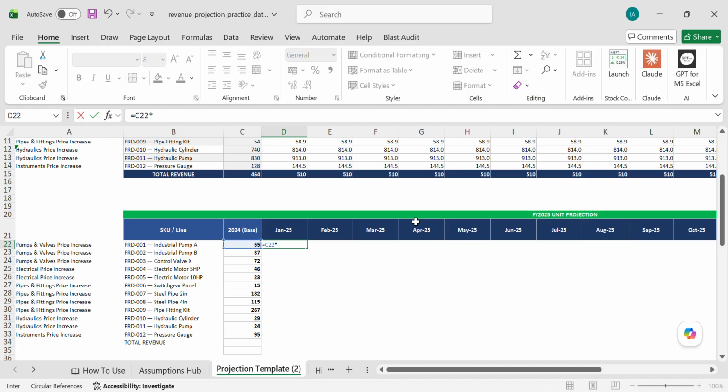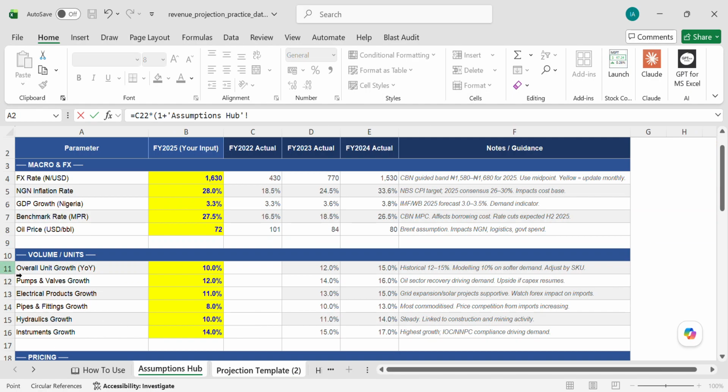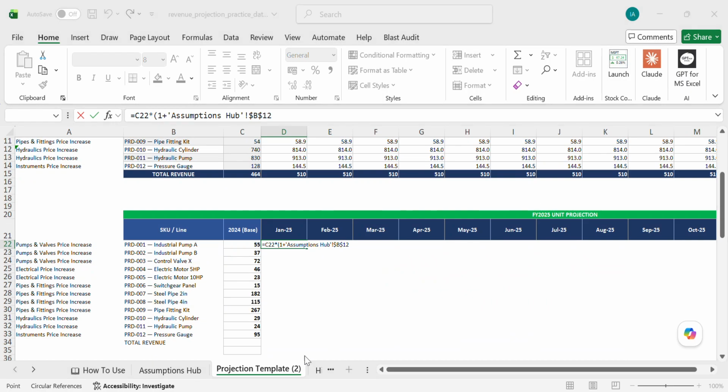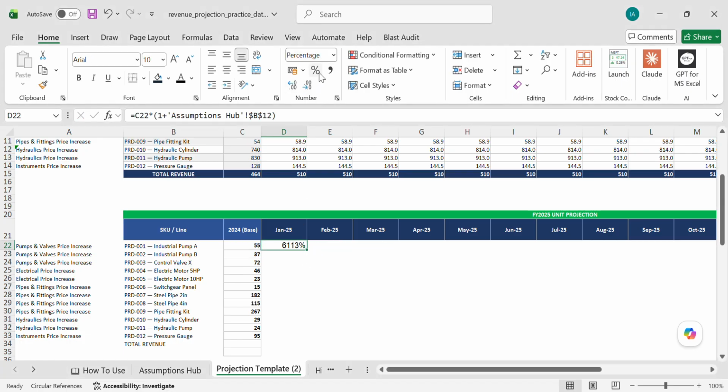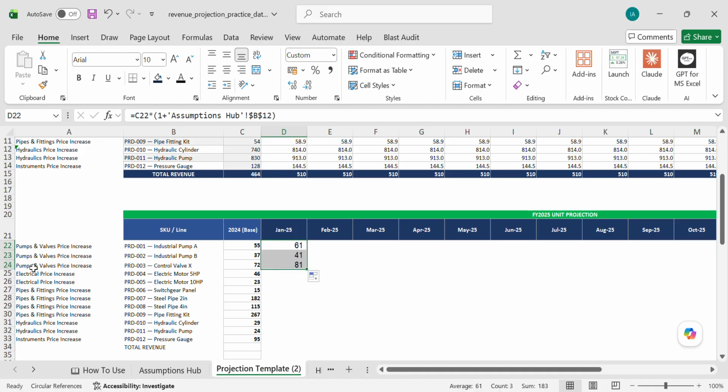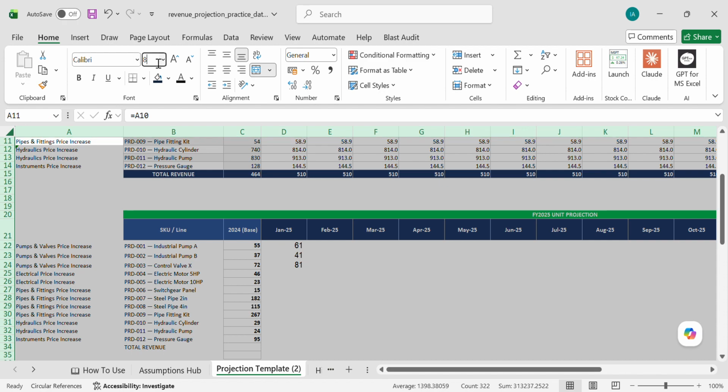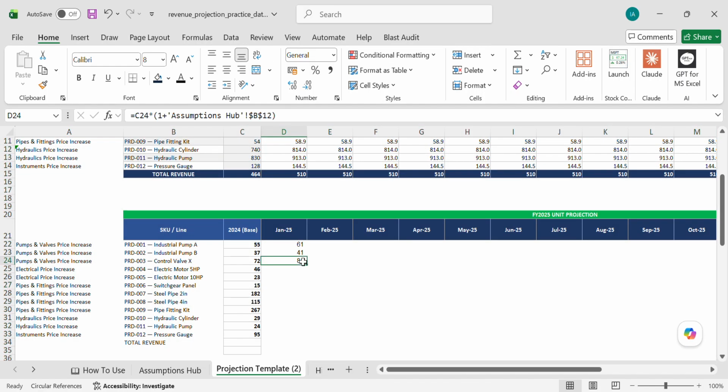This times 1 plus the growth rate for pumps and vibes. We apply this, fix it. Sorry, this is now a new price. Pumps and vibes.